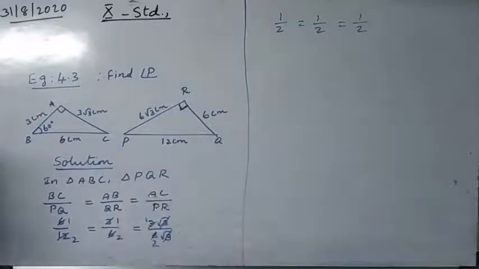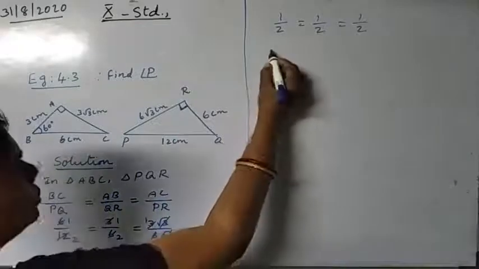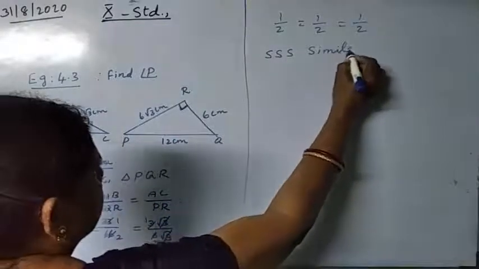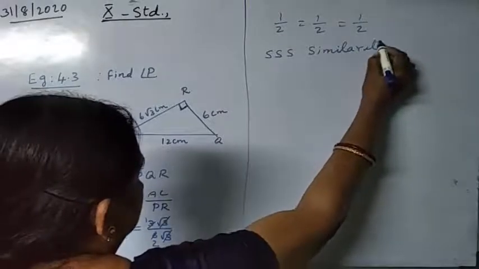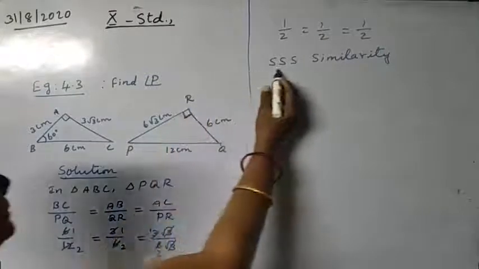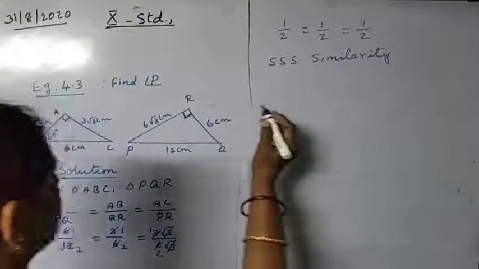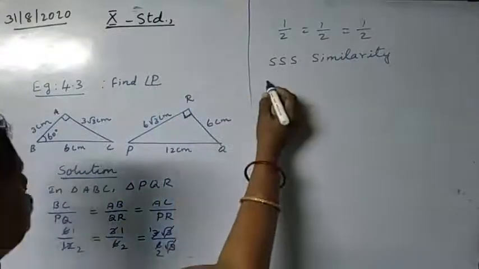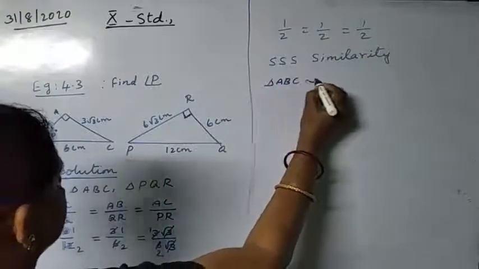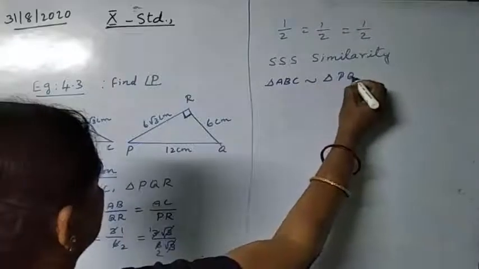So all the sides are proportional. All the sides, that is the 3 sides, are proportional. So yes, similarity. It comes under the SSS similarity. So I can say that these two triangles are similar. So triangle ABC is similar to triangle PQR.